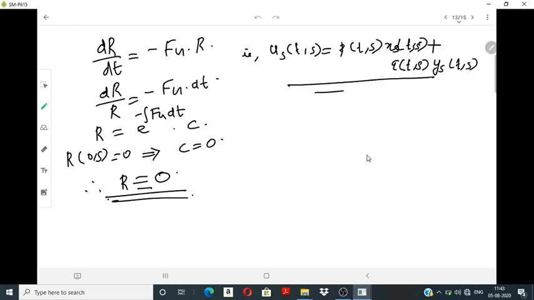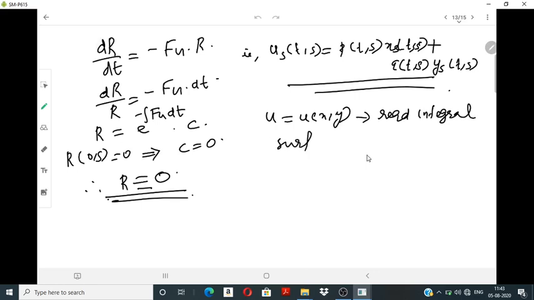So the solution u equal to u of xy is the required integral surface for the nonlinear first order Cauchy problem.